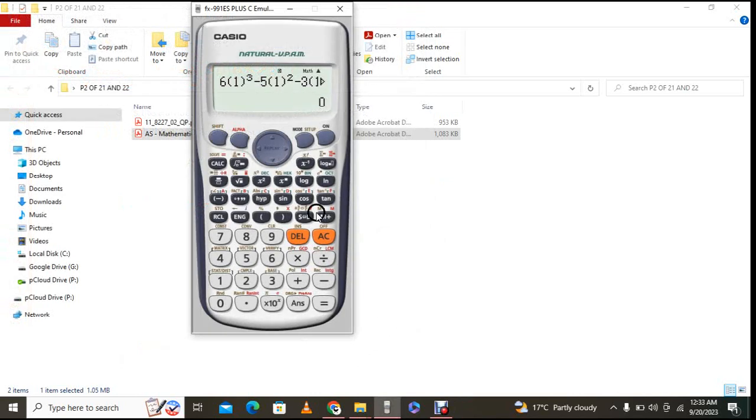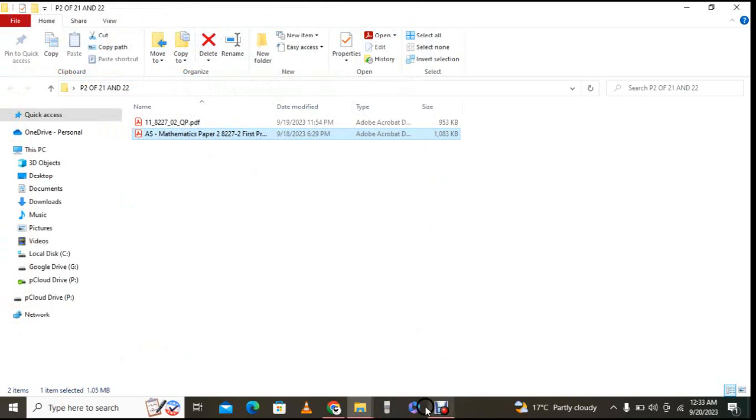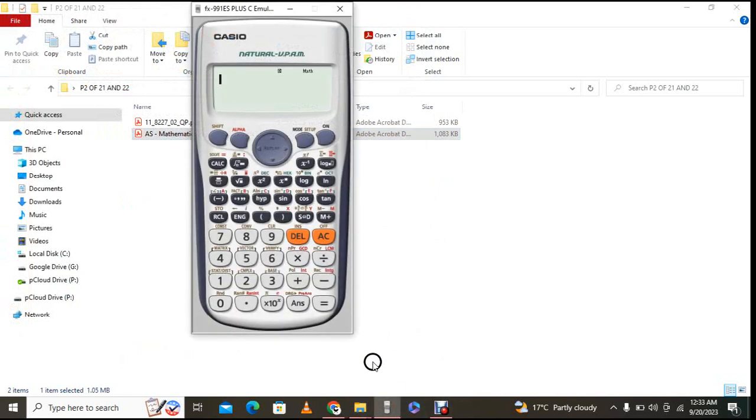So first of all, I'm going to bring my 5,000 e raised to the power of 0.02, and I said if you make this a 0, you see that it exactly is at 5,000.